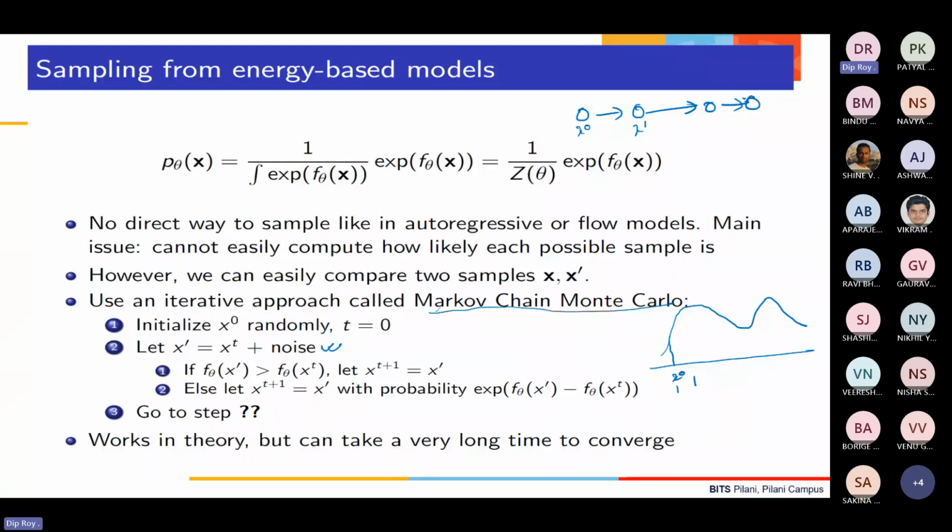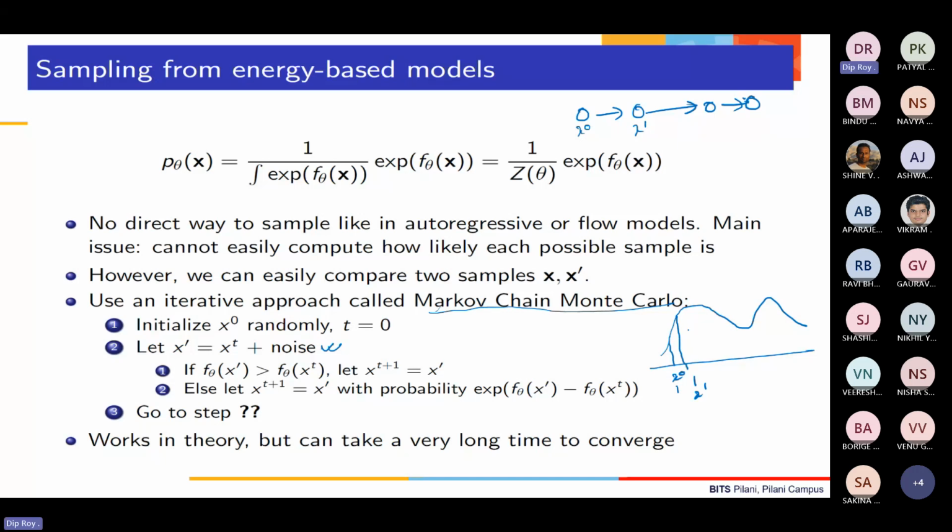The way you move forward is, if you see that your next sample is better, then you move towards it. Now this becomes your x1. Again, you add some noise to this.